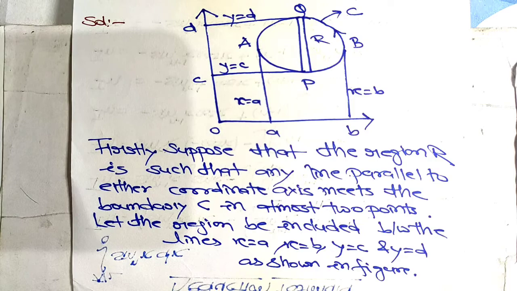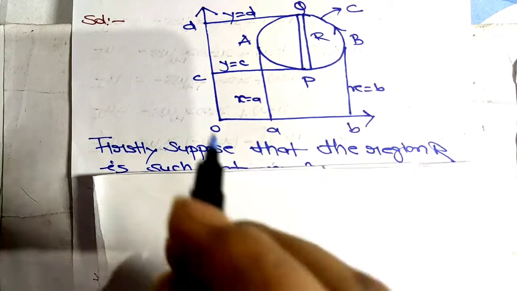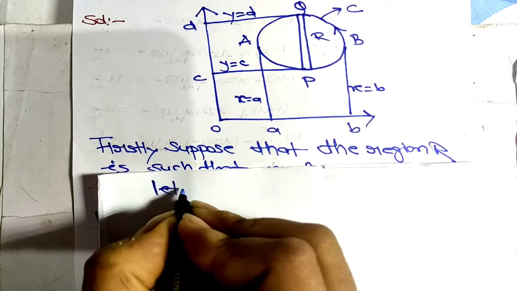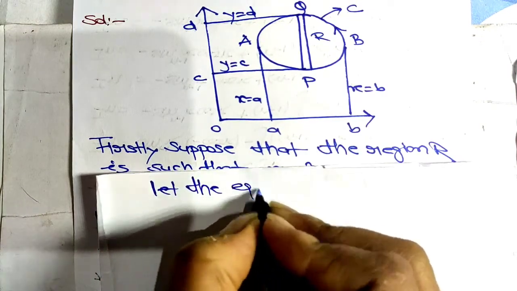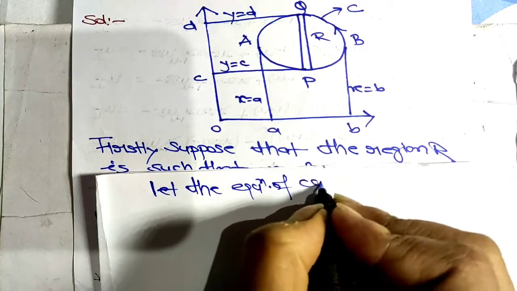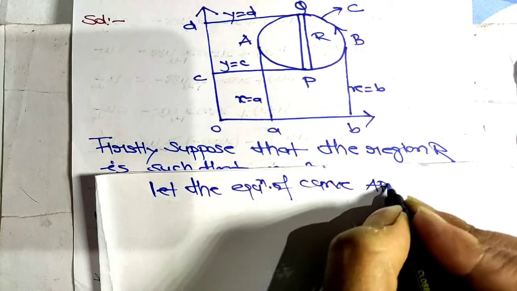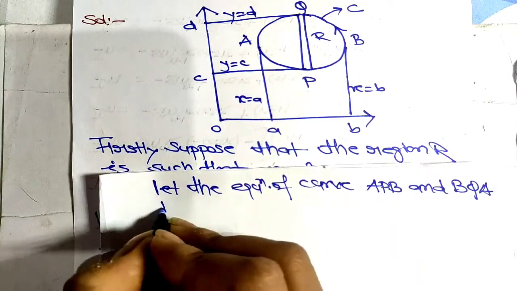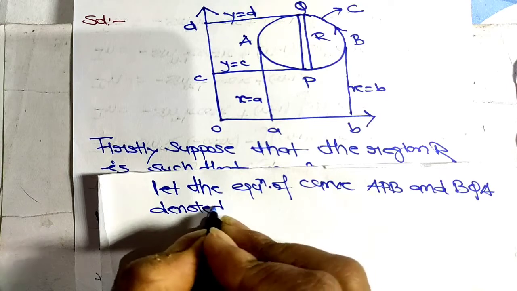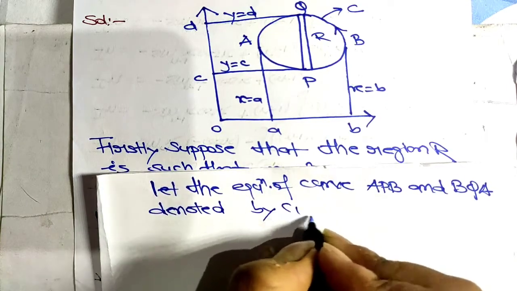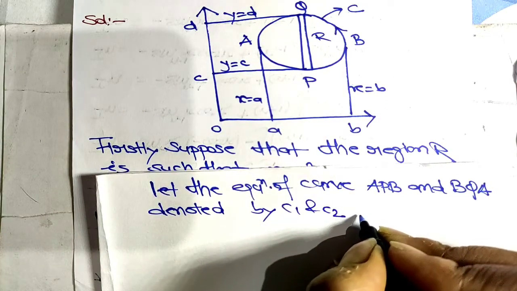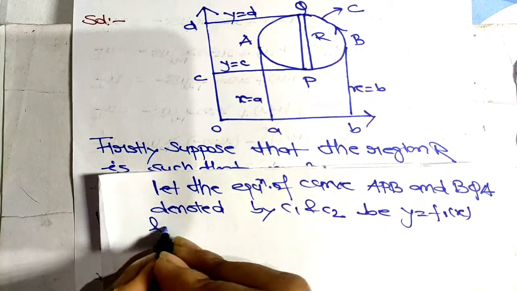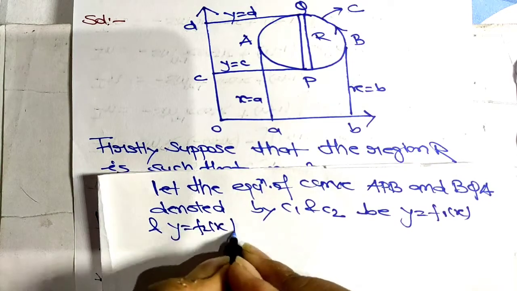Okay, let's move on. I am keeping this figure here, and I am going to write something. Let the equations of the curves APB and BQA, denoted by C1 and C2, be y = f1(x) and y = f2(x).